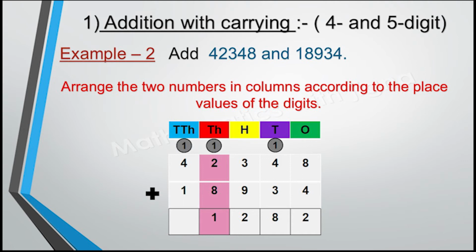So carry over 1 to the 10,000s column and write 1 at the thousands place. Finally add the 10,000s. 4 10,000, 1 10,000 and one more, which is equal to 6. So the answer is 61,282, which is known as the sum.